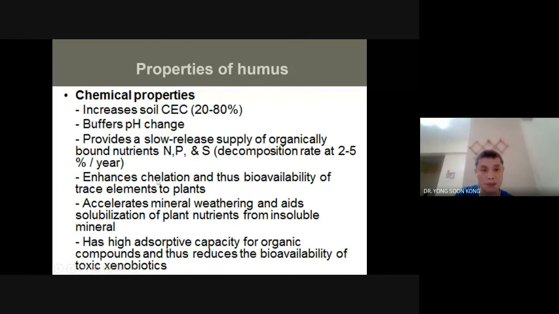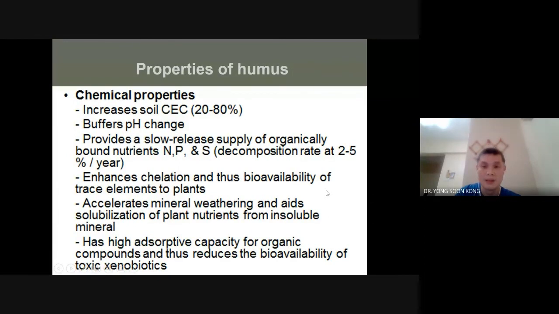Now, how does this happen? Chelation means the cations are surrounded by organic matter with a lot of negative charge, and in this case, humus is that organic matter. When humus ties with those cations, it may help increase their solubility and, indirectly, the bioavailability.